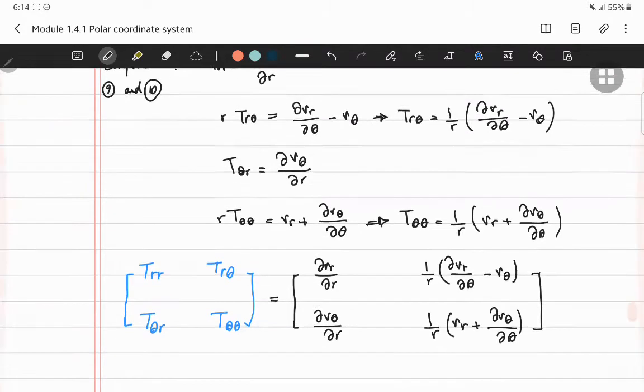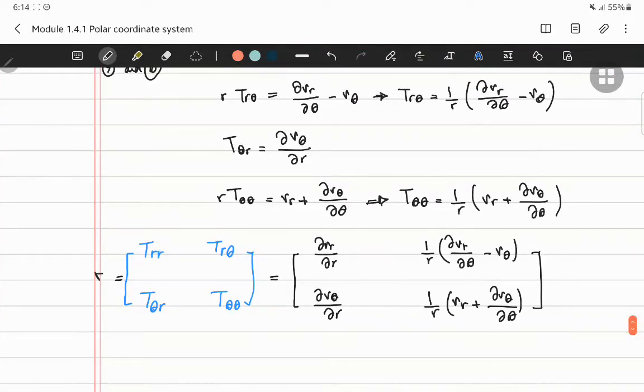All right, so this is equal to del V. And as you see here, you had a vector, and now you have a second order tensor.